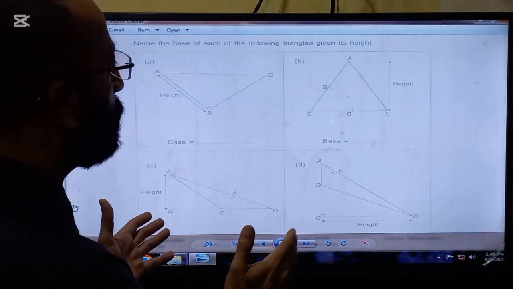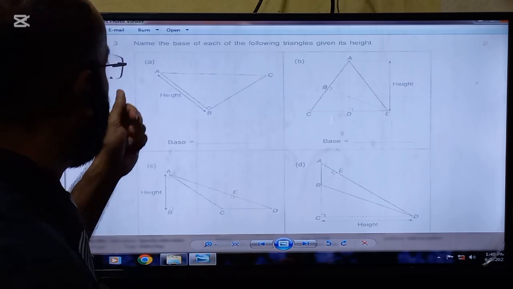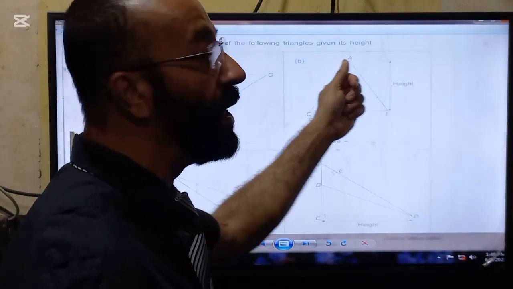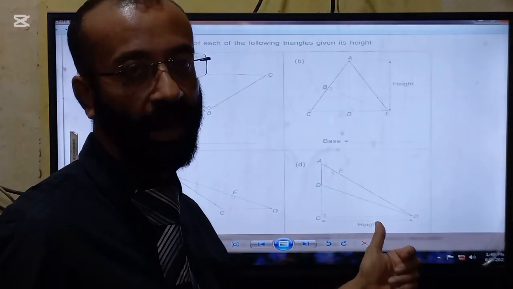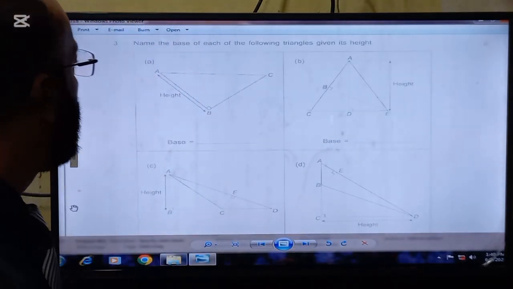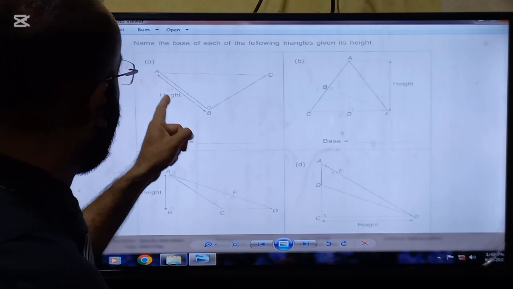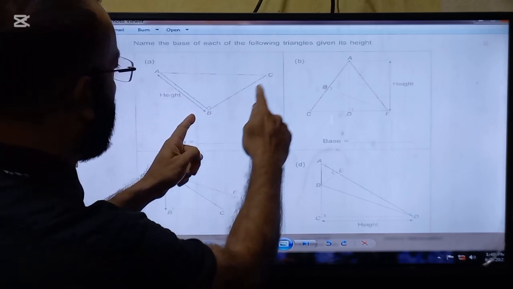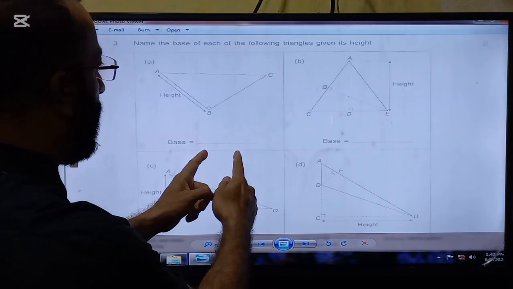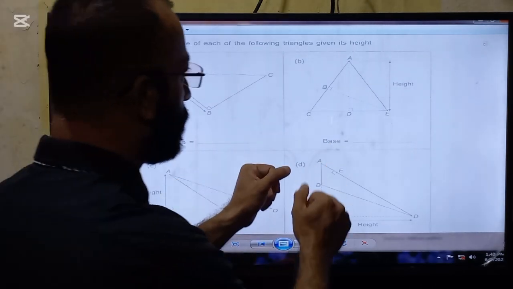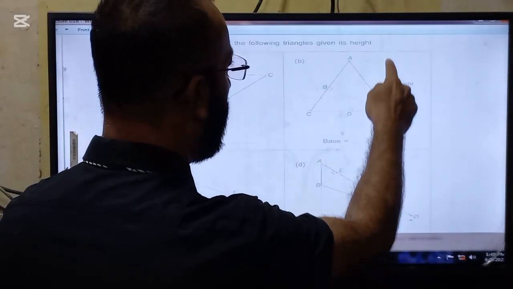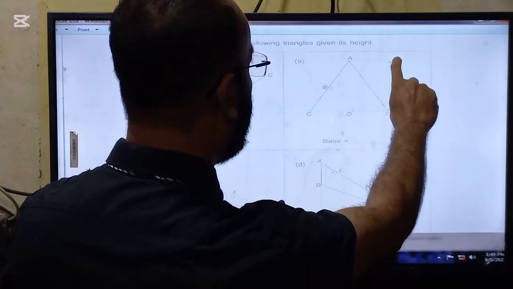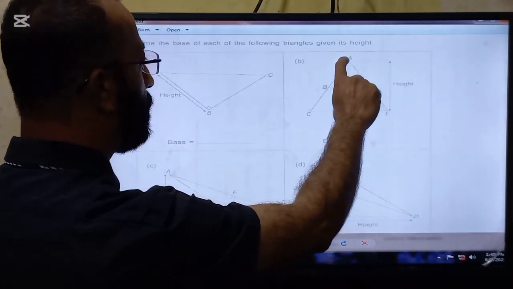Here is the reverse question of the previous one. The question is: name the base of each of the following triangles given its height. Now the height is given and the base is the requirement. If this is the height, look at this, it is perpendicular to this side. So BC is the base. In B part, this is the height, because this is equal to this one.